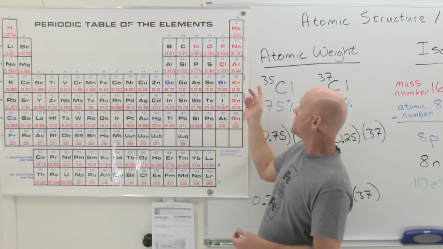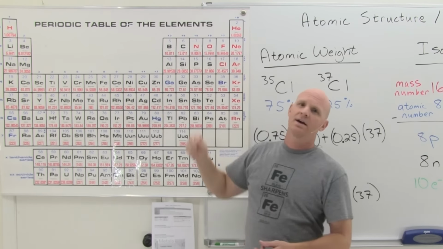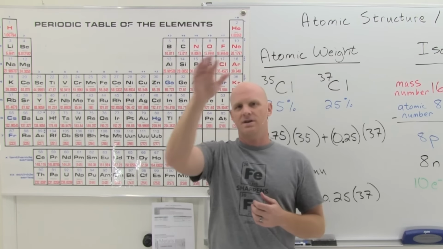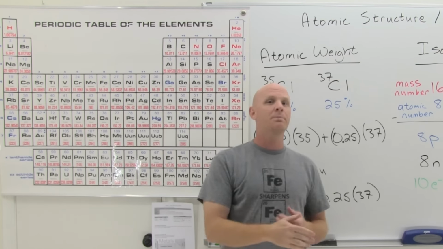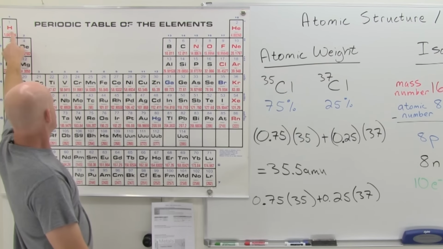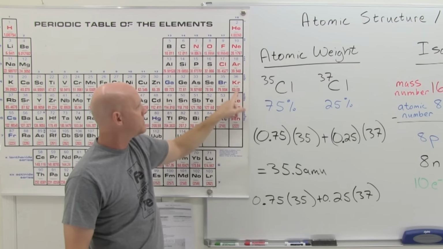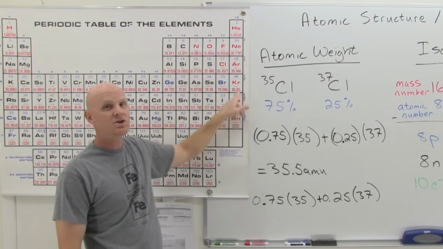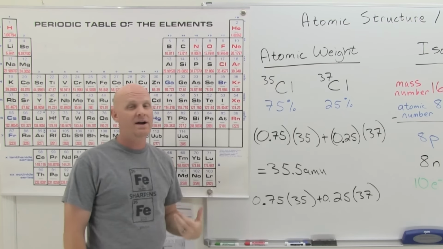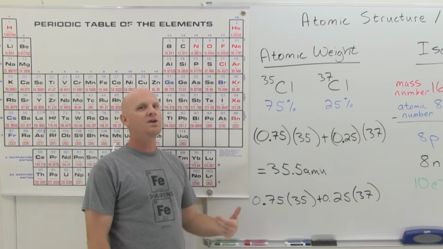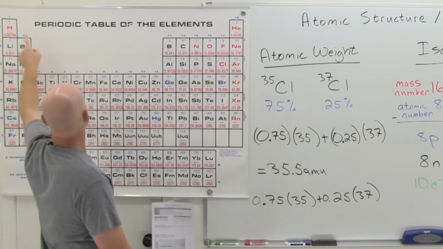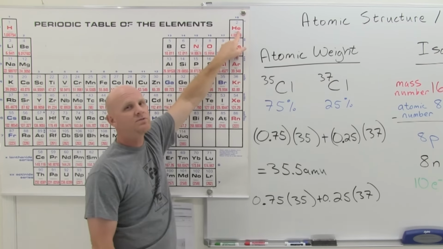All right, now periods, so the periods are the rows, and if you think of something that's periodic, like the sun rising every 24 hours, it happens periodically. Well, same thing here, as you make your way across the periodic table, so let's say we go to our first, what we call noble gas right here, this column, this group we'll call it, they're called the noble gases, and it turns out their chemical reactivity is very similar in the idea that they're not chemically reactive at all. We call them chemically inert. And so as you make your way across the periodic table, boom, you run into somebody who's chemically inert.